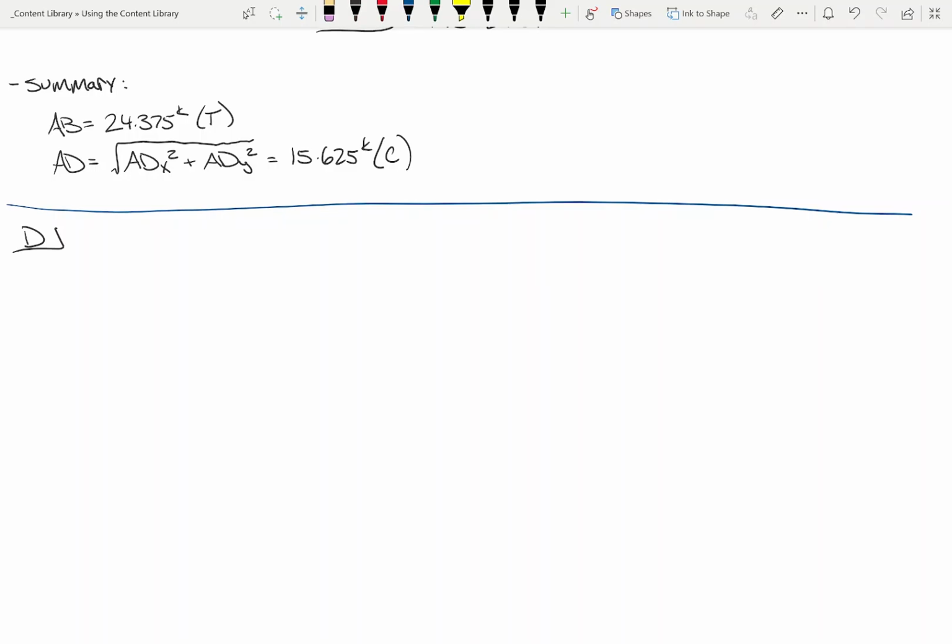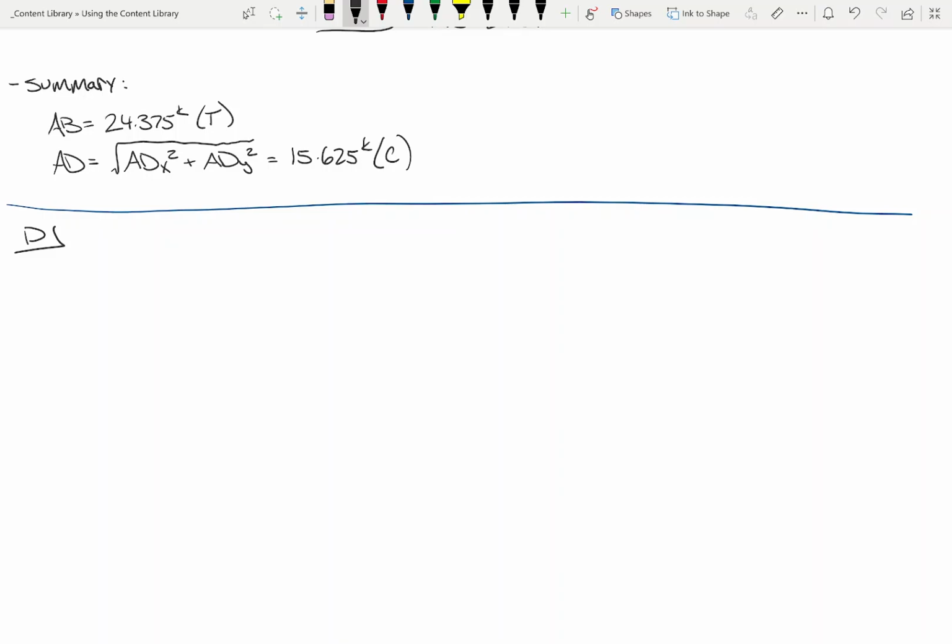Let's do joint D. Okay. All right. So whenever you do a joint, like I said, I'm going to track this the same. I'm going to go through and draw my images and write down my calculations the same way that I did this last time. So how did I do it before?